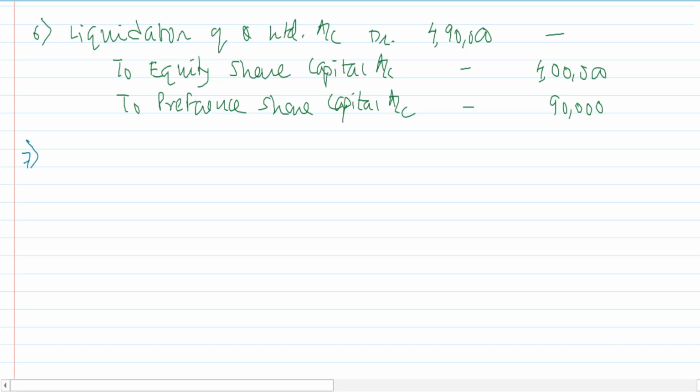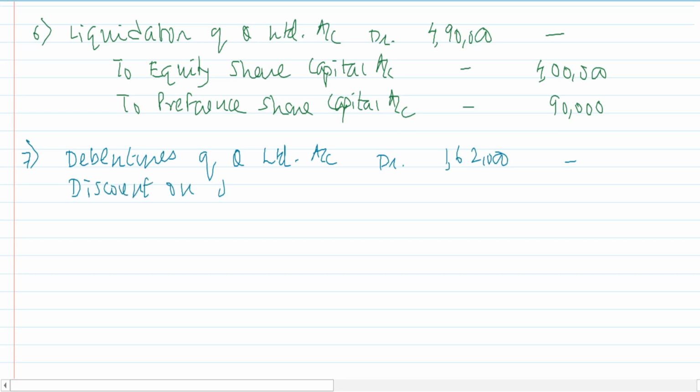Let's settle the debentures now. Debentures of Q Limited account debit, right? We have taken over a liability of 1,62,000. We will settle this by issuing our debentures at a discount.